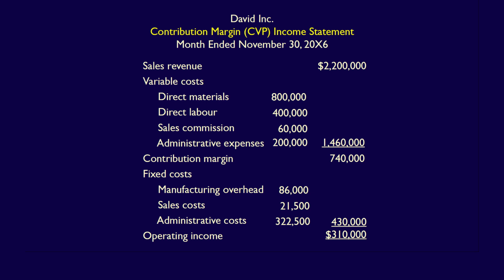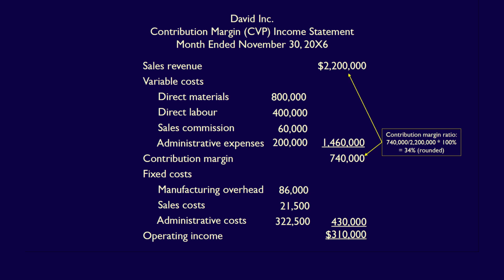What else can we calculate with the contribution margin income statement? We can calculate the contribution margin ratio. There are two methods to calculate this, either using totals or per unit information. Let's calculate with totals first. Total contribution margin divided by the total sales revenue multiplied by 100% is equal to the contribution margin ratio.